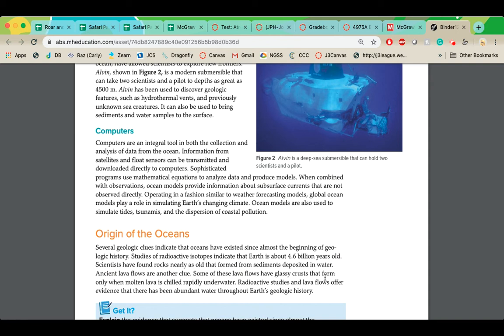We know that oceans have been around because we know the age of certain rocks. Those can be dated. And lava gets very glassy when it cools quickly in the water. So if they can date the rocks to be a certain age and then see that it's very glassy, like it came in contact with water, there's a very good chance that there was water there.